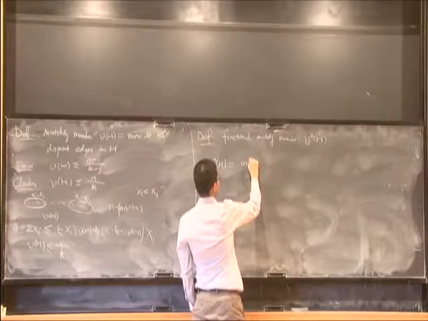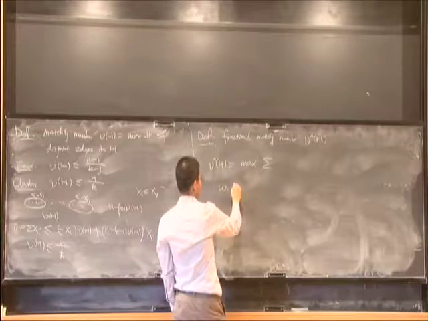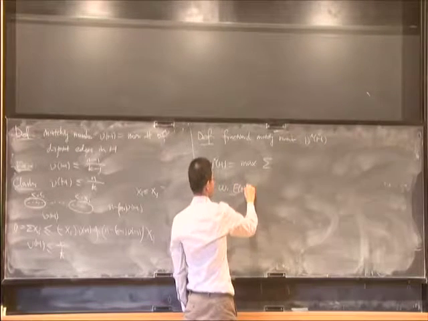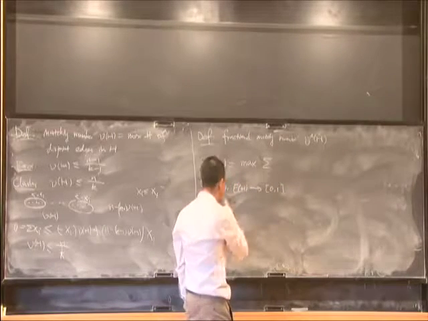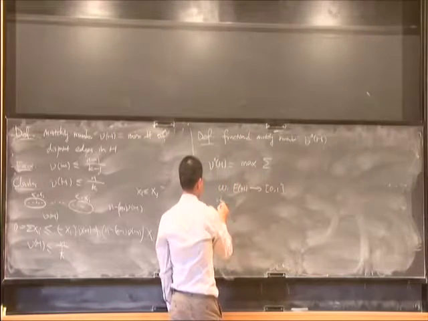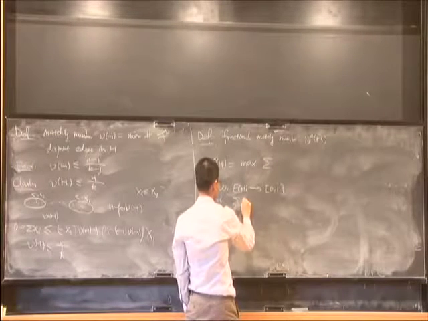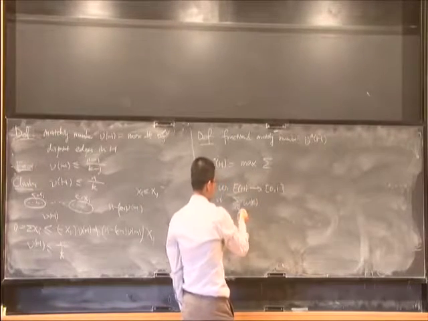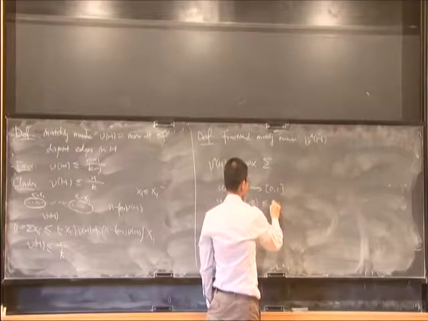So let me write it down. We want to maximize. First of all, we have a weight function from the edge set to [0,1], such that for every vertex, the total weight of the edges containing this vertex is at most 1.